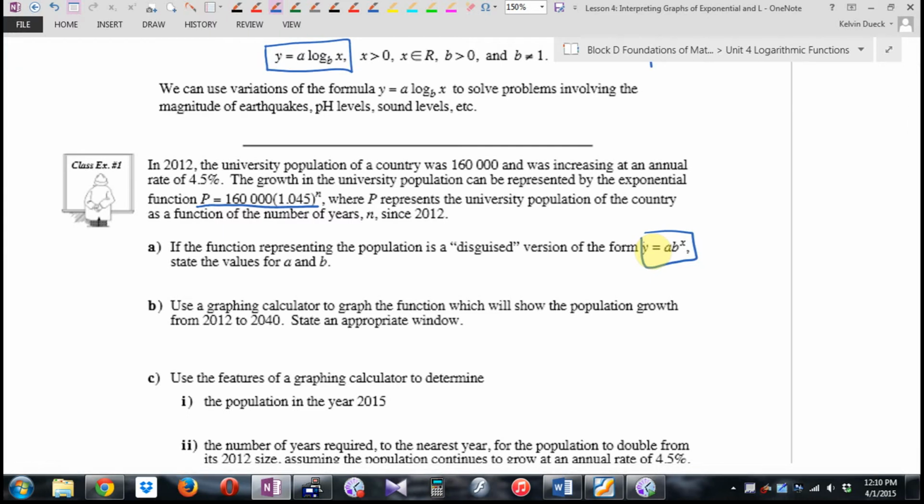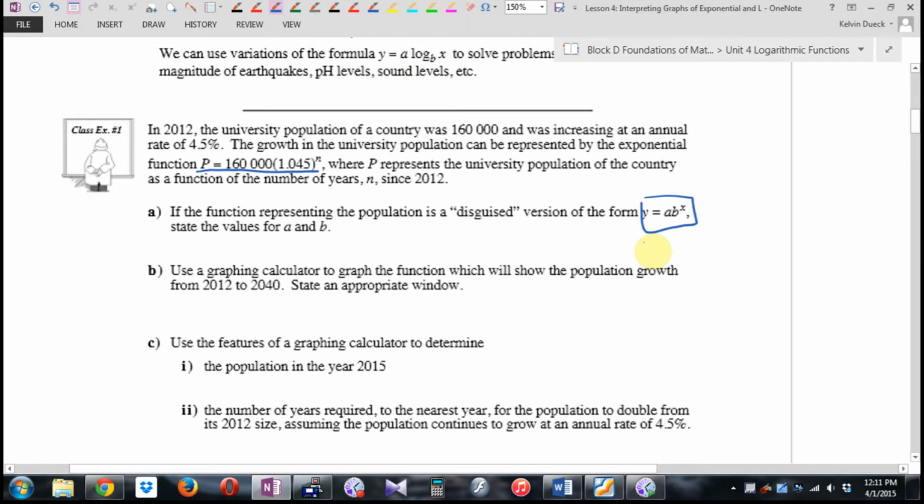Oh, and what does the N stand for? Number of years. Okay? That's important. That means if they give me a number and it's a population, I'm putting that in for the Y value. If they give me a number and it's a time, I'm putting that in for the N value.